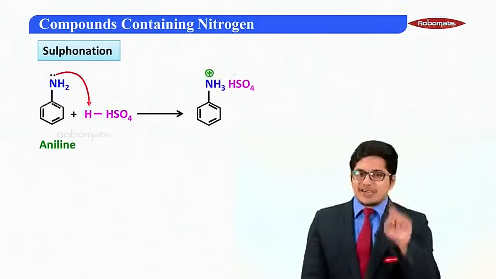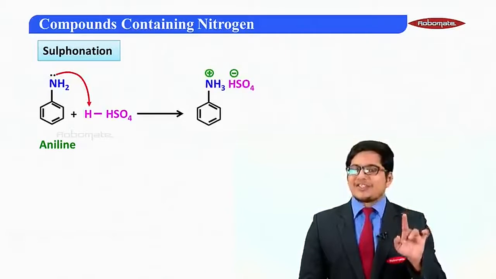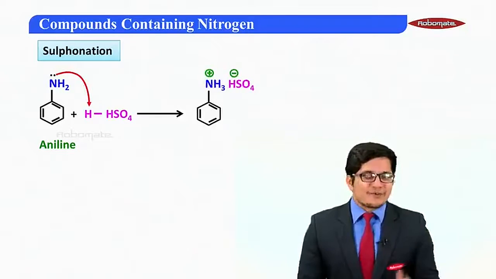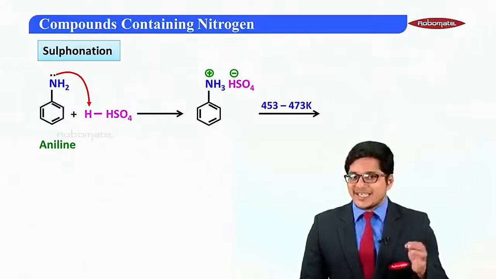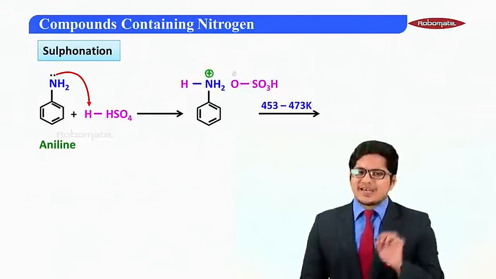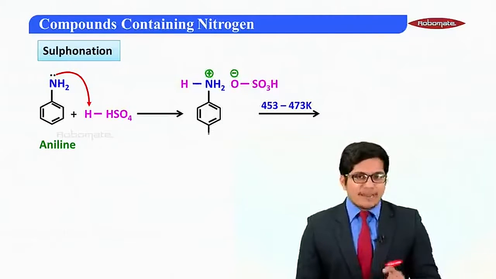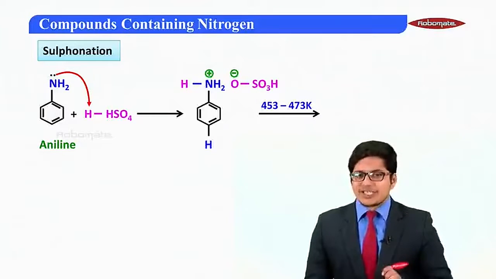Nitrogen donates a lone pair towards hydrogen, giving us benzene ring attached to NH3 positive, HSO4 negative. Now what would happen further? Let's see. Now this same NH3 HSO4 is written something like this. Now what happens? From the para position of benzene, a hydrogen is lost.